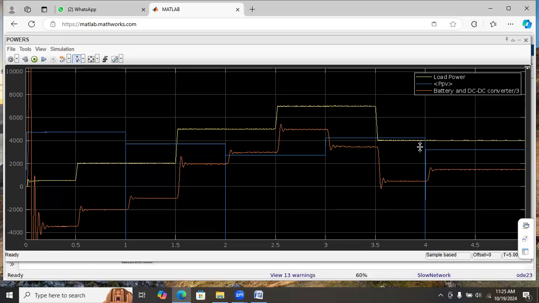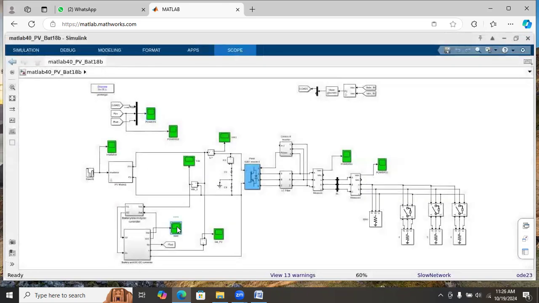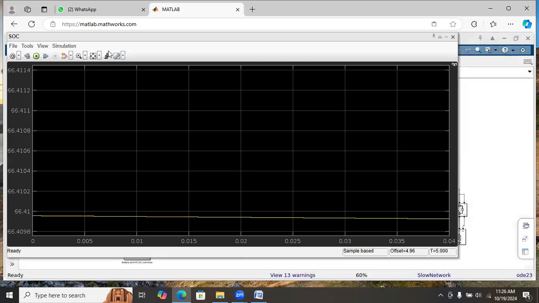After 4 seconds, power generation slightly reduced. So the battery discharging power is slightly increased here. So depending upon the load demand and the power generation, the battery will be either charging or discharging. You see here, this is the state of charge of the battery.